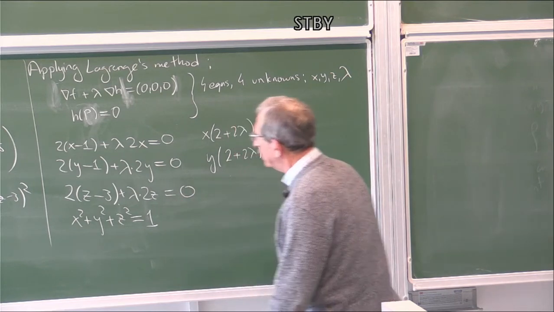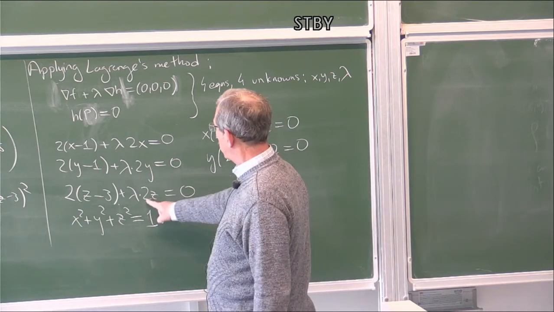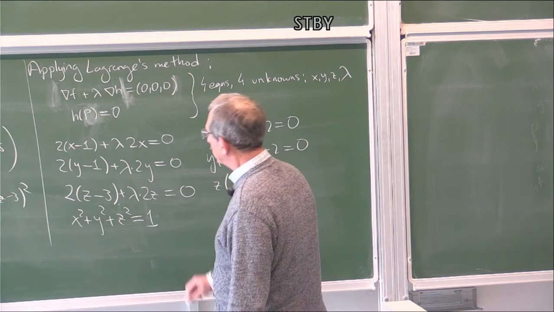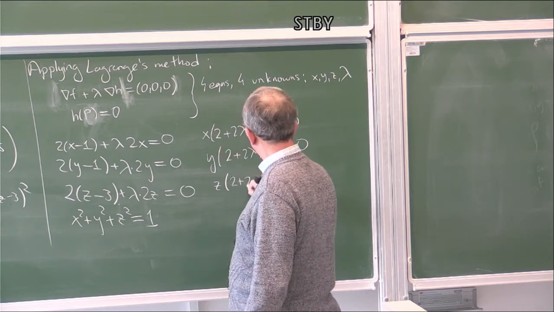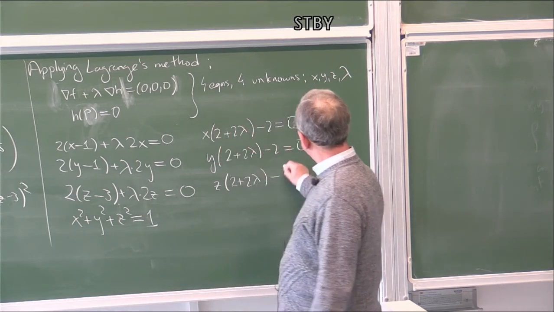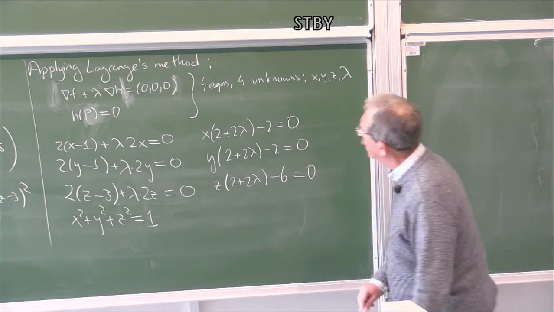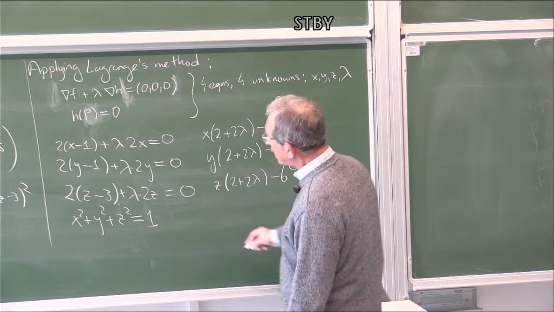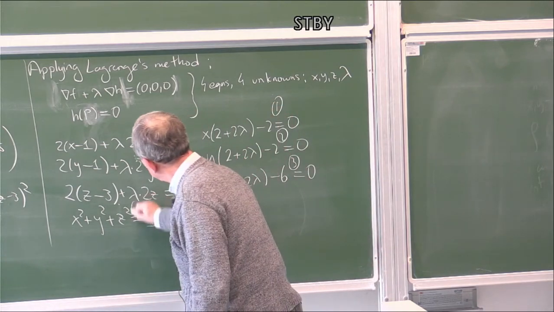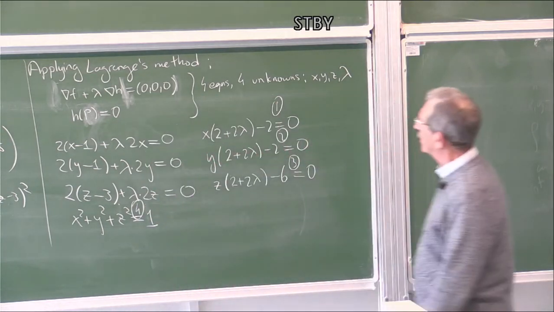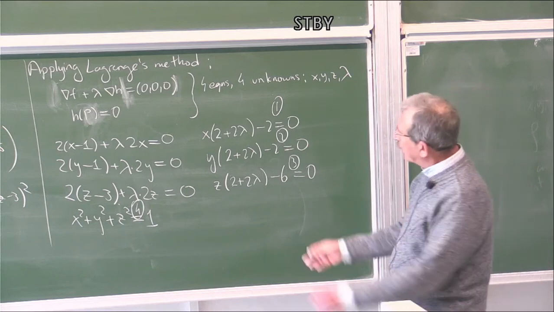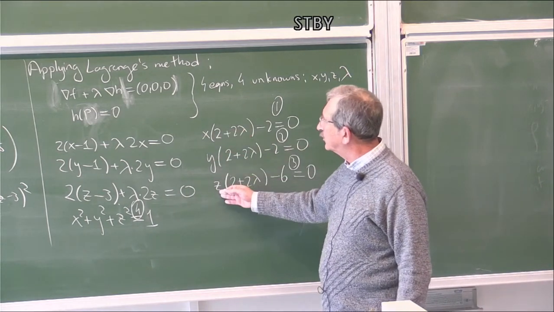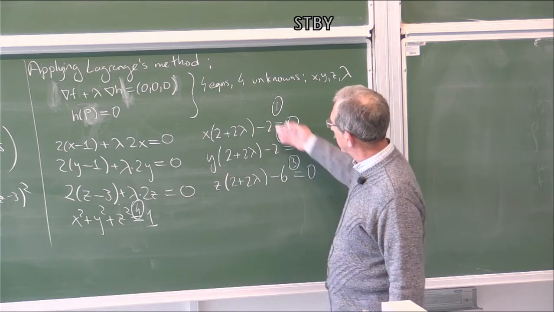And finally, here, we have z times 2 plus 2 lambda, and minus 6 is 0. Let me call these the equations 1, 2, 3. And this 4, of course. Okay. Now, the first observation, if one of x, y, or z is 0, we get a contradiction.